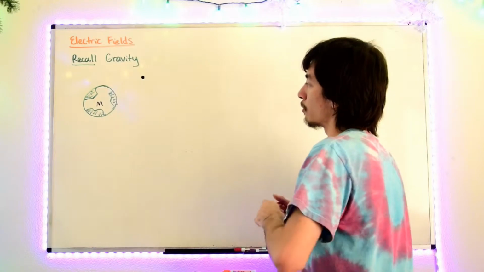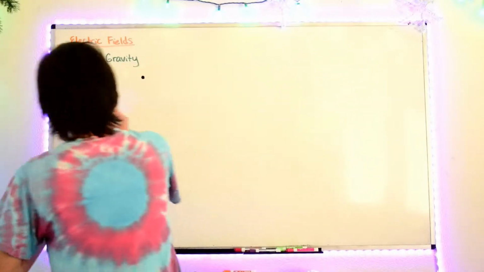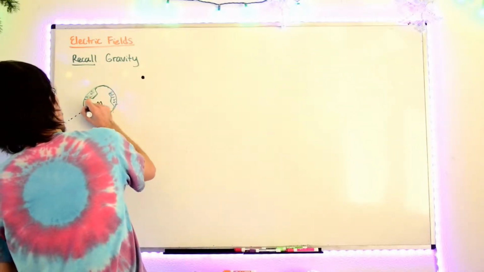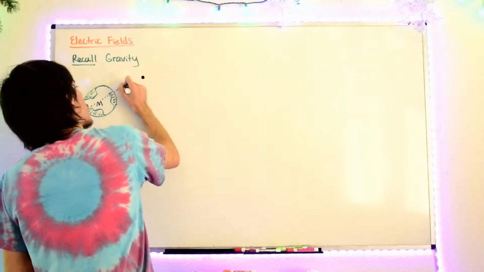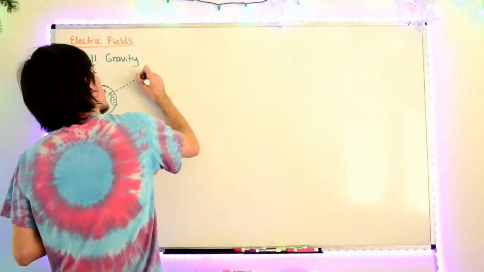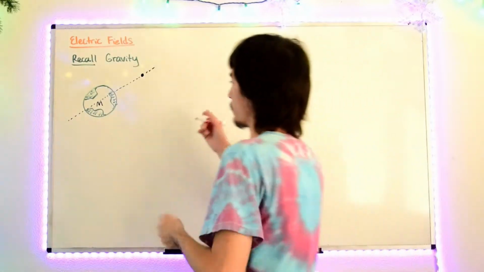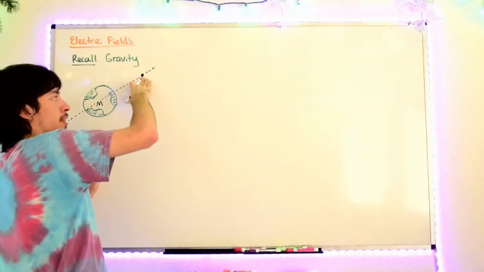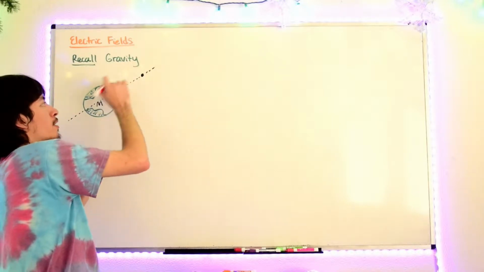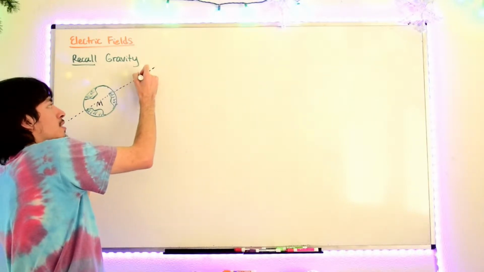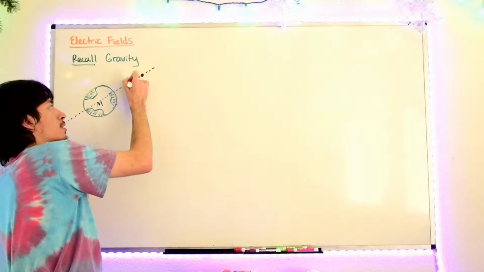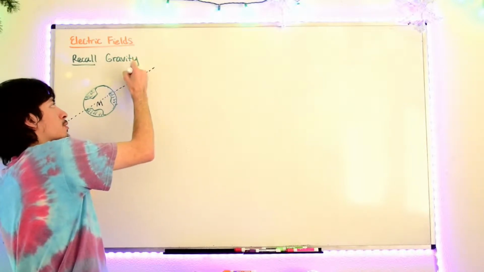Along the line connecting their centers, we would see that force of attraction. So on this mass here, away from the Earth, there's a force pulling towards the Earth, the force of gravity, Fg.